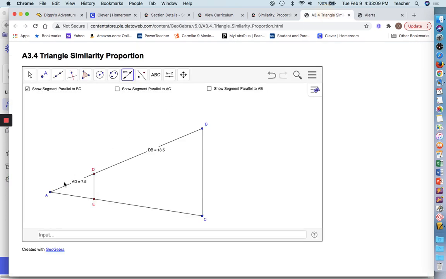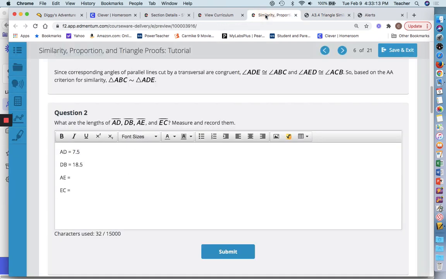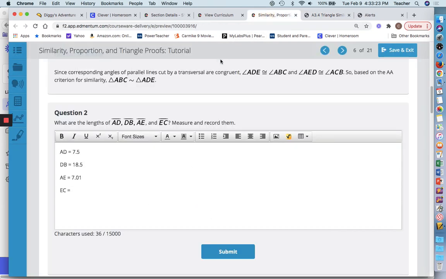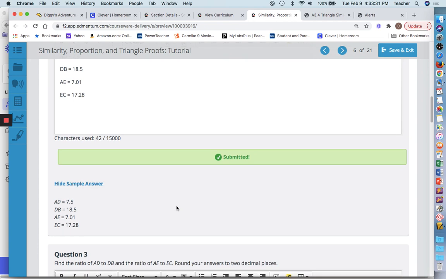So I'm going to click on A, then E, 7.01. And EC, click on E, then C. I got 17.28. All right, that's all they asked me to do.